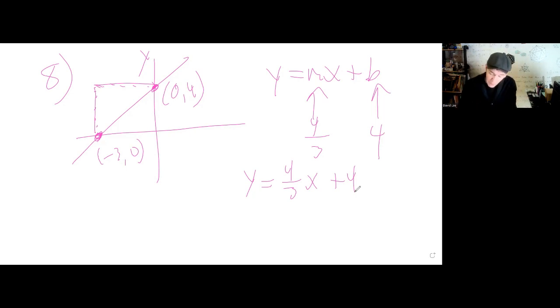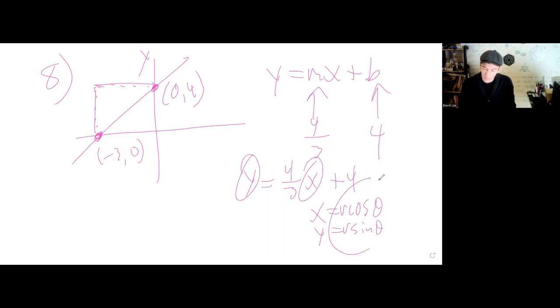So recall for polar, x equals r cosine and y equals r sine. So let's replace x and y with these formulas. So we would have r sine theta equals 4/3 r cosine theta plus 4.